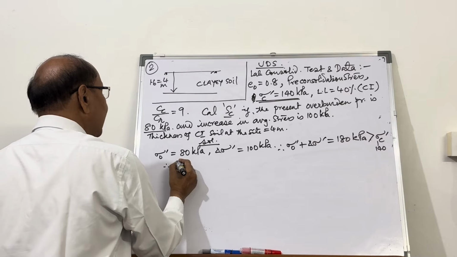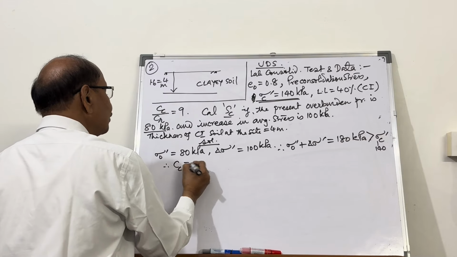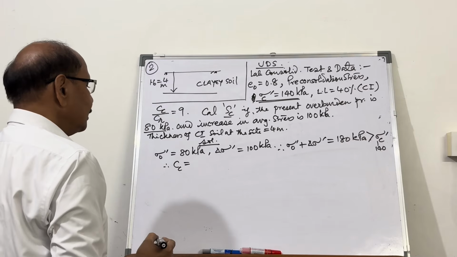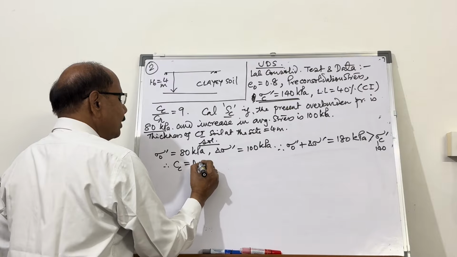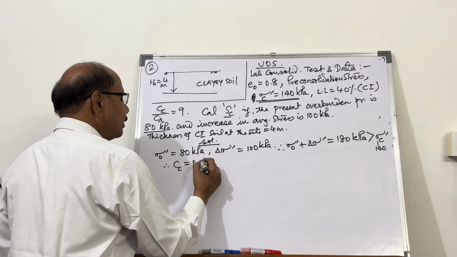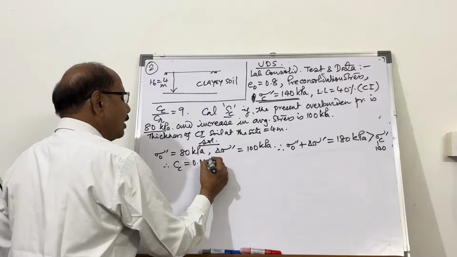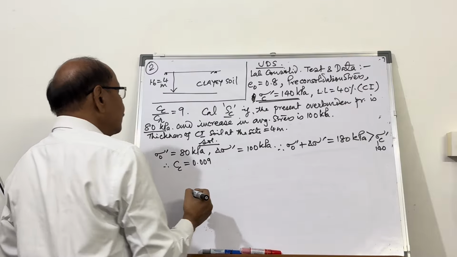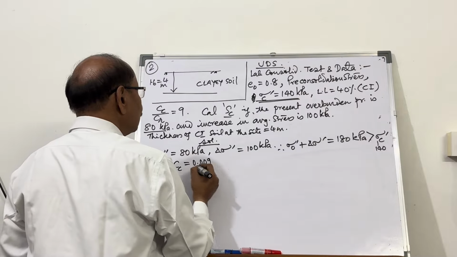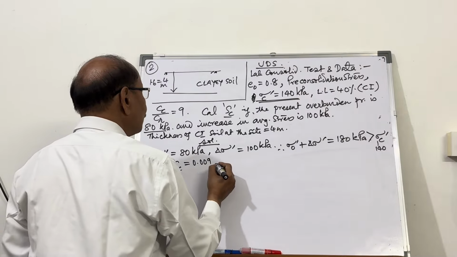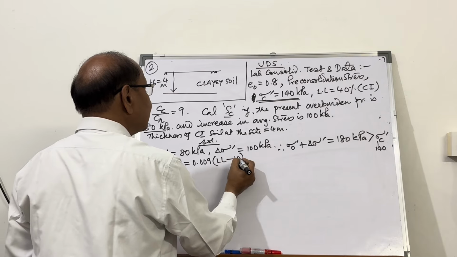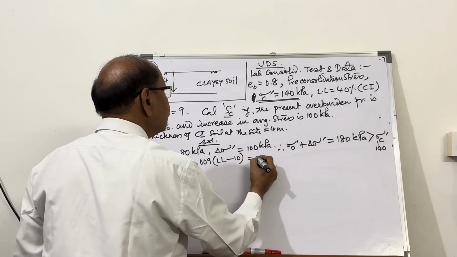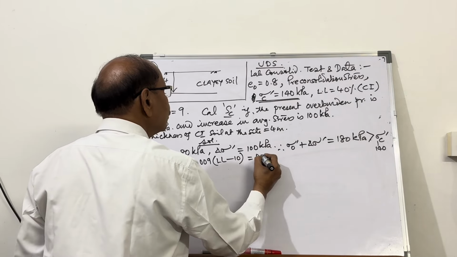Therefore, you can calculate the compression index Cc. You know that the Terzaghi-Peck formula is quite popular. For undisturbed samples, Cc is going to be 0.009 times liquid limit minus 10. So it becomes 40 minus 10, that is 30, so it becomes 0.27.